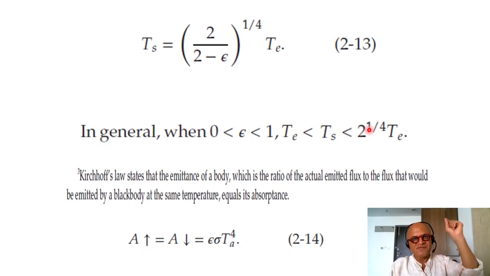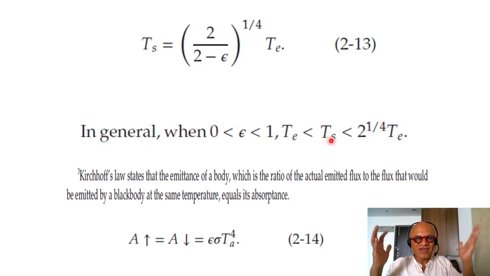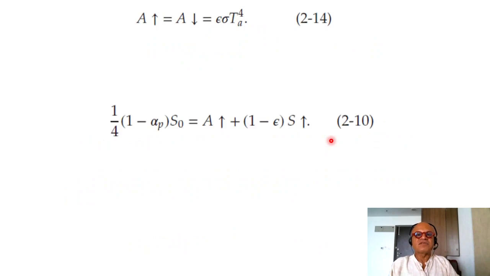If it allows some of it to escape, the atmosphere will cool because it's losing some of the thermal energy from the surface, and that means the energy received by the surface also decreases, and the surface will also get cooler than 2 to the 1/4 times TE. Very, very simple. We can of course do this in some detail.